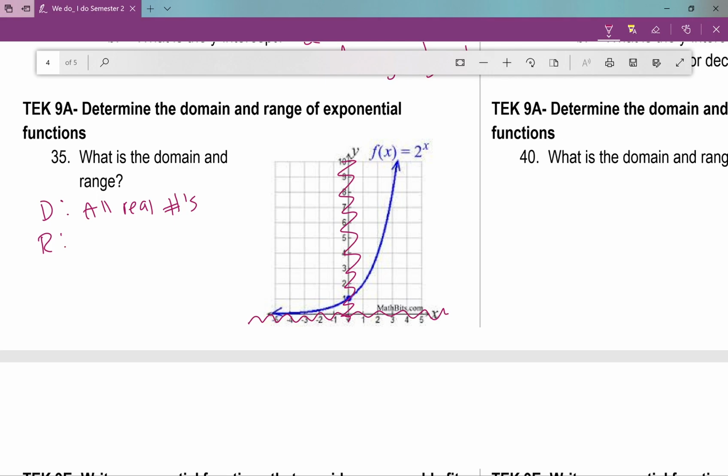And remember, the asymptote is always y equals 0. But the property of an asymptote is that our line can never touch it. So since our line cannot touch y equals 0, and it's all the numbers above y equals 0, our range is y is greater than 0. Not greater than or equal to, because remember that asymptote.